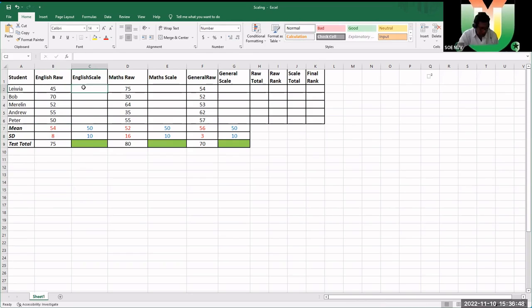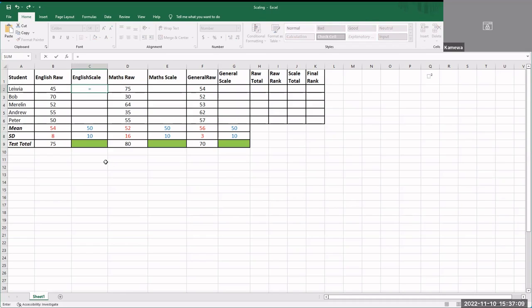First of all, any Excel formula always starts with equal. The first value to enter is 10.